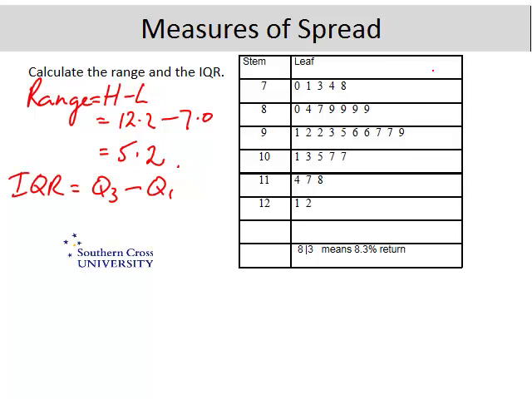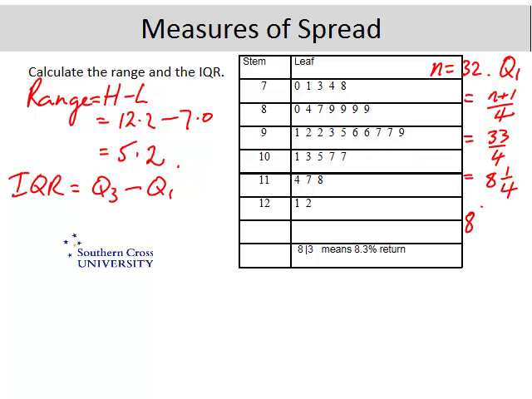So if we go through with this, the first quartile, so Q1, is found at the n plus 1 on 4 position, which is 32 plus 1, which is 33, 33 on 4, which is the 8 and 1/4 position.